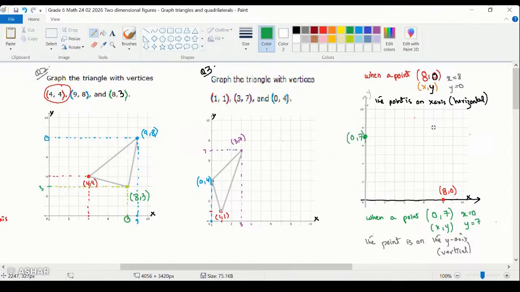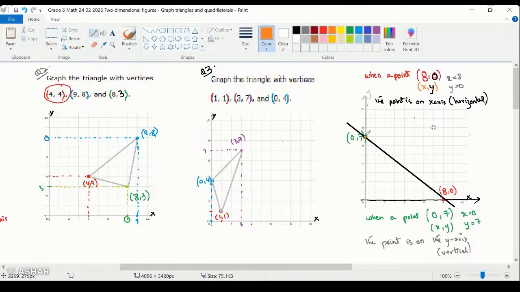Agreed? So whenever a point is on an axis, either x would be 0 or y would be 0. This means if we join these 2 points together, a line can be formed by 2 points, right?